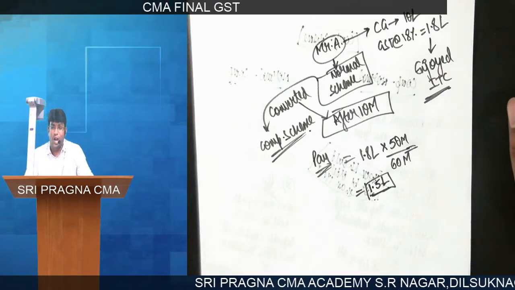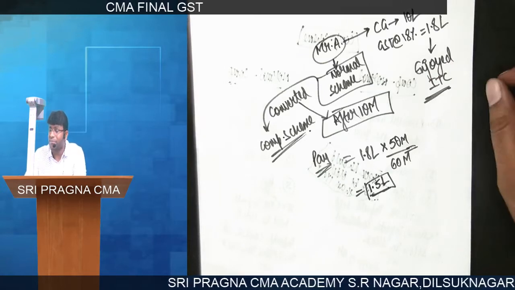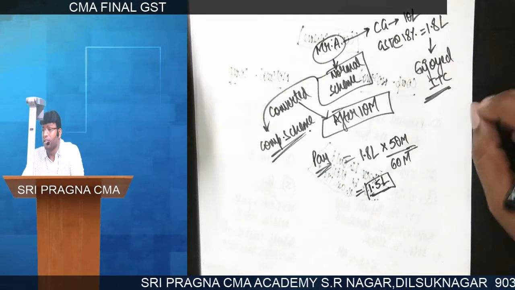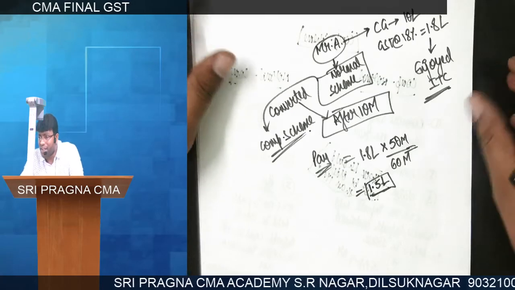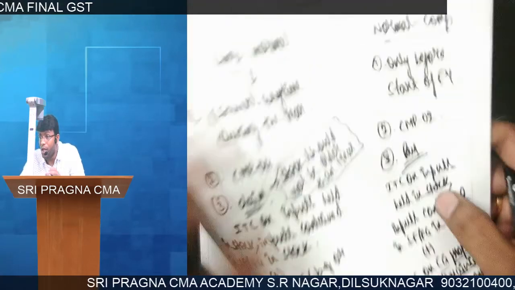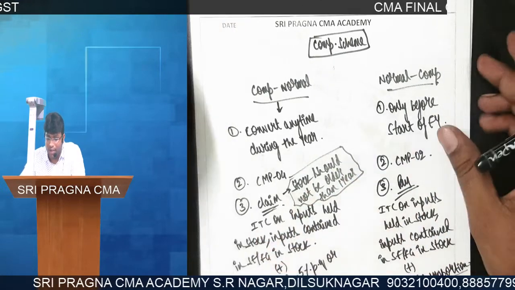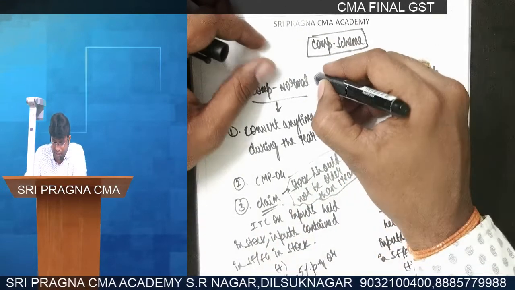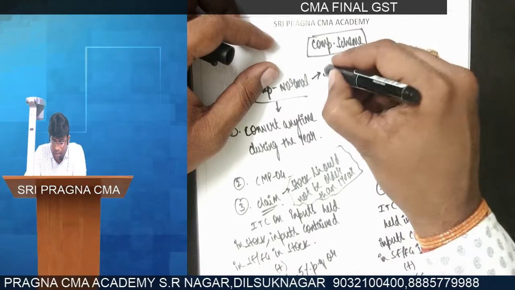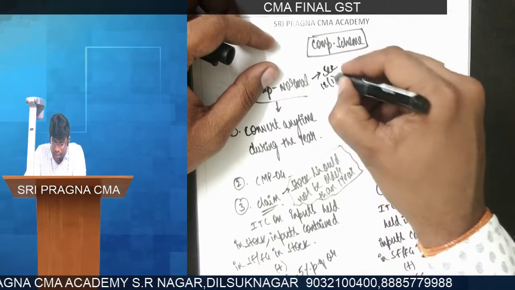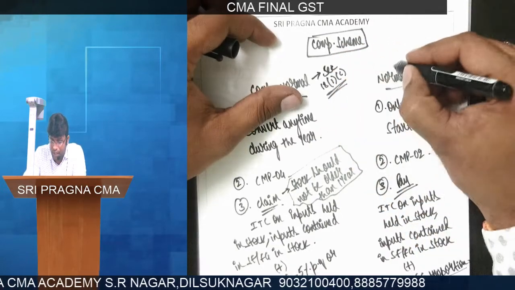So getting clarity? This figure is not something what you can claim. This figure is something what you have to pay. Friends, are we understanding? Speak out. And let me tell you, this concept of composition to normal, what we just discussed, is given by section 18.1c.